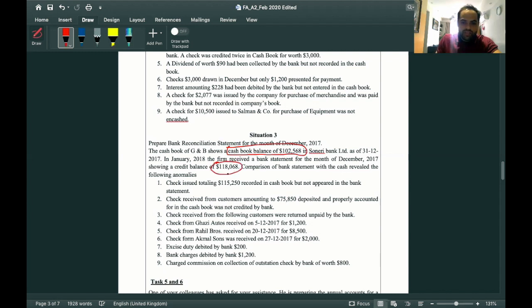So we have 2 situations here, and we can choose whatever we like. We can start with the balance as per cash book or balance as per passbook. Both have a positive balance because they didn't say negative, so it doesn't show any sign, which means positive balance. And here the bank statement balance has a credit balance, so which means also positive.